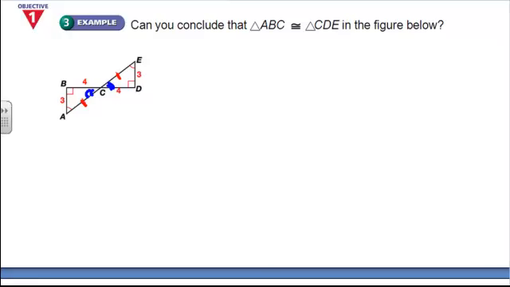So it appears all 6 parts, the 3 angles and the 3 sides, are matched up. So initially you think, yeah, these triangles are congruent. But be very, very careful. You have to match the parts exactly. According to this, angle A and angle C are exactly the same. And if I look at angle A, it has 1 arc mark. And if I look at angle C, it has 2 arc marks.